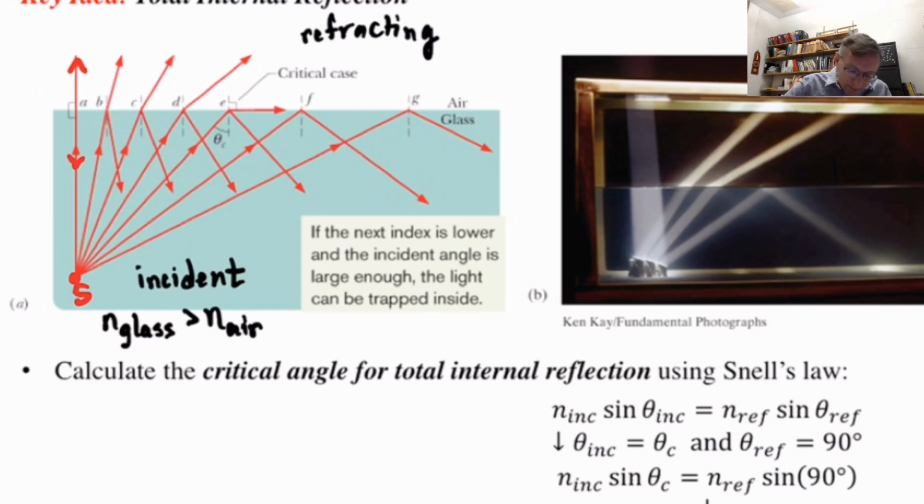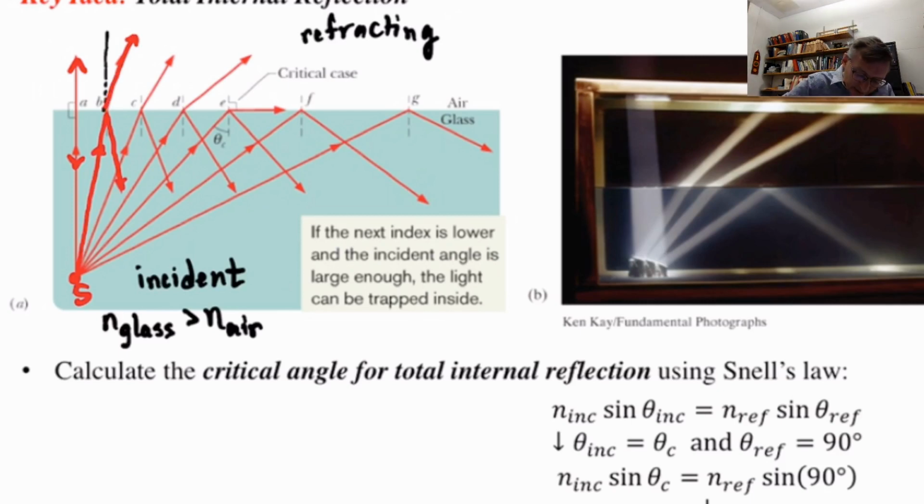Okay, ray b comes in at a little bit of an angle. The theta 1 is pretty small. Some of it is reflected, and some of it is refracted. There's the normal. Into the air at an angle theta 2 that's larger than theta 1. Now look at ray c.